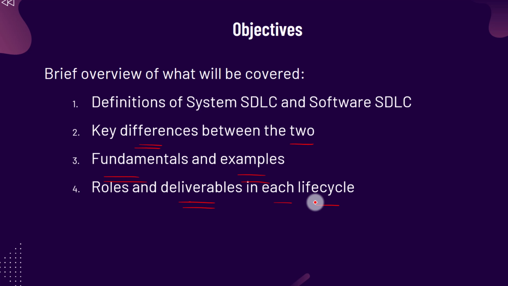By covering these objectives, you will be equipped with a comprehensive understanding of both system and software development life cycles and be able to distinguish between them effectively. With these goals in mind, let's dive right into our first topic, the definitions of system and software development lifecycle.